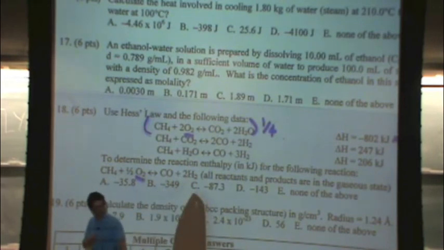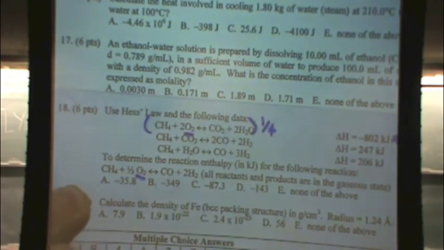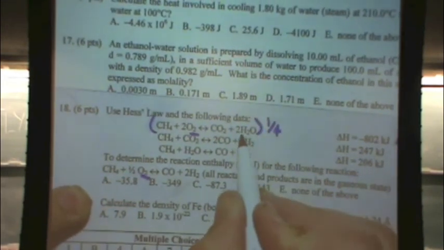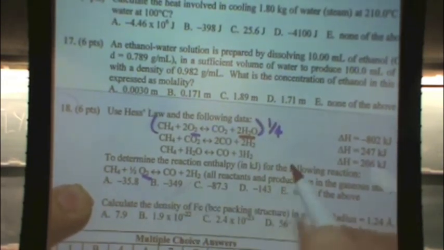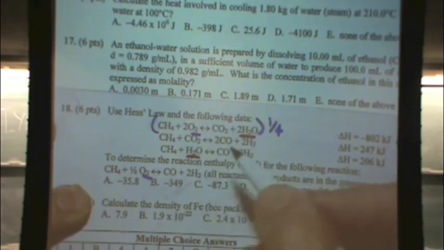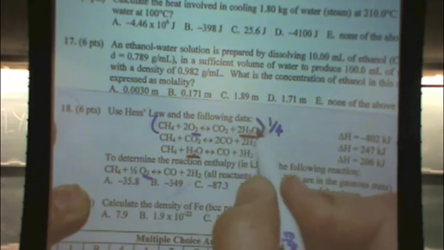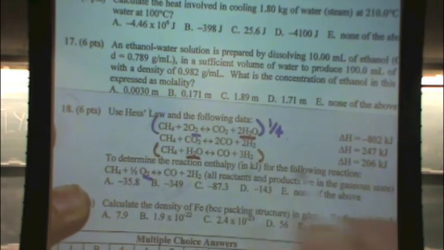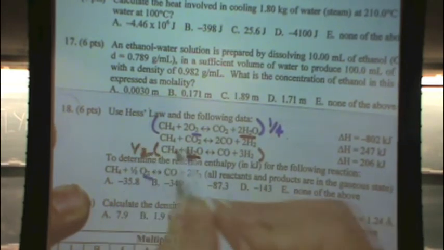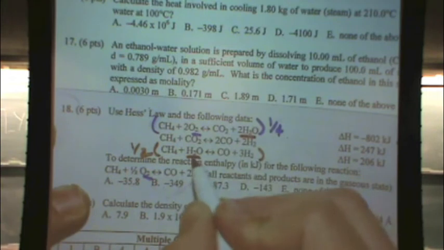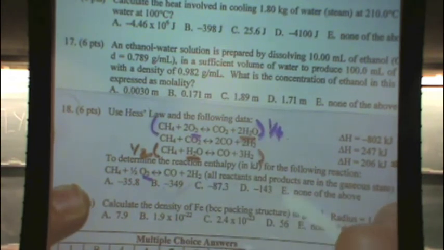Only appears twice. That's always my preference. It'll make your math easier. So let's get a different color. I'm just going to deal with underlines here because it's so small. So I have 1/2 here. So what do I need to multiply this by? Yeah, 1/2. That'll give a half in the products, a half in the reactants. They'll cancel. So I'm going to multiply this by a half.